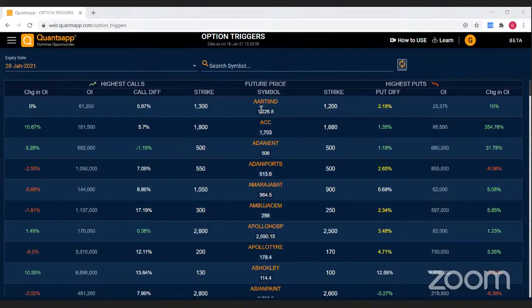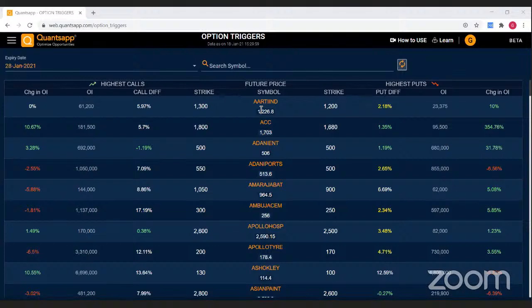If lots of writers are coming into those positions, it means they are more confident. The call writers are coming and adding new positions, looking at prices not crossing that level.